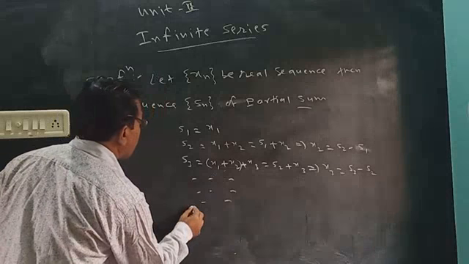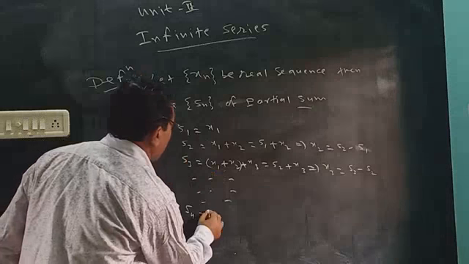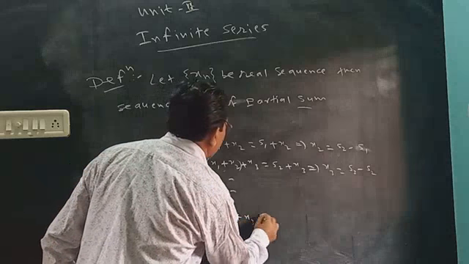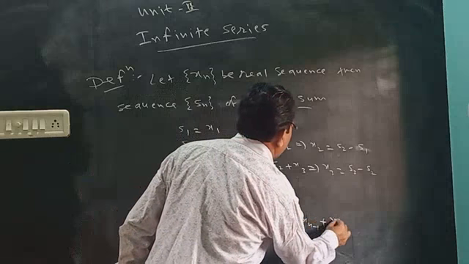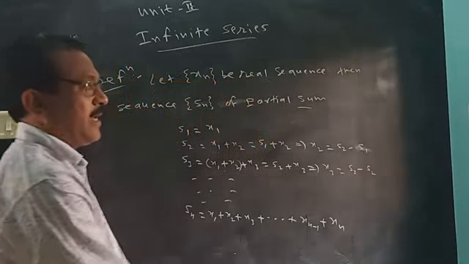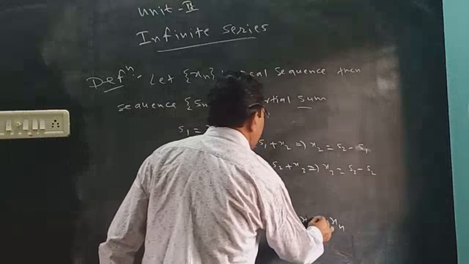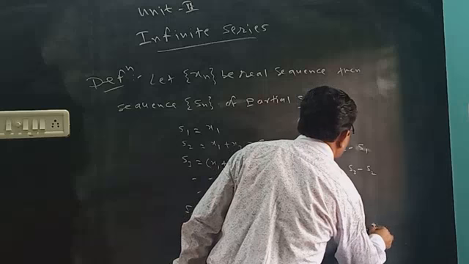What will be the general case? Sn will be the sum of n terms: x1 plus x2 plus x3 up to the n minus 1 term, and the last term is xn. The sum of n minus 1 terms is S(n minus 1).